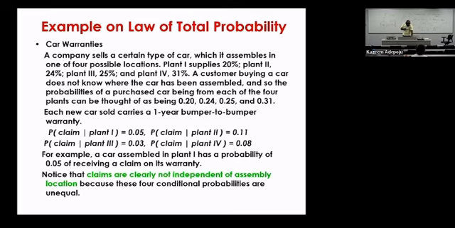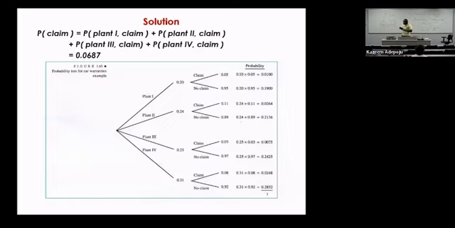That is why the probability of a claim is basically going to be a total probability. A claim could come from plant 1 or plant 2 or 3 or 4. Okay, that is why you have all of that. Using the tree diagram is going to be easy for you.